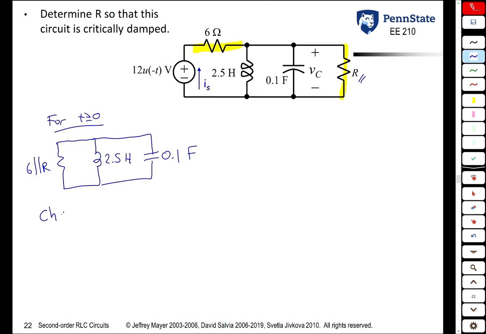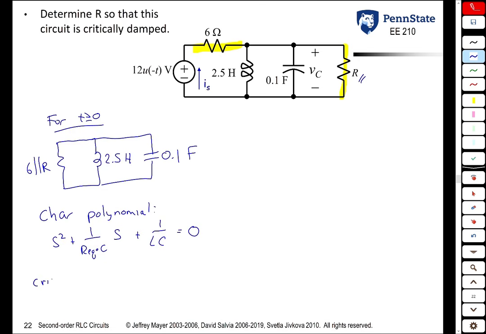So we know that our characteristic polynomial, once again, this is a parallel RLC case, so it's S squared plus 1 over R equivalent times C times S plus 1 over LC is equal to 0.